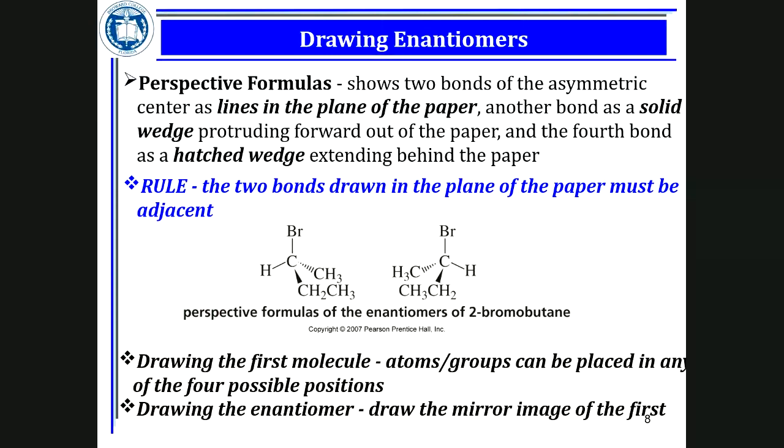Then you have the wedge and the dashed wedge. When you draw the first one, the second one must be the mirror image. So if you have a mirror here, these two are mirror images with respect to each other.